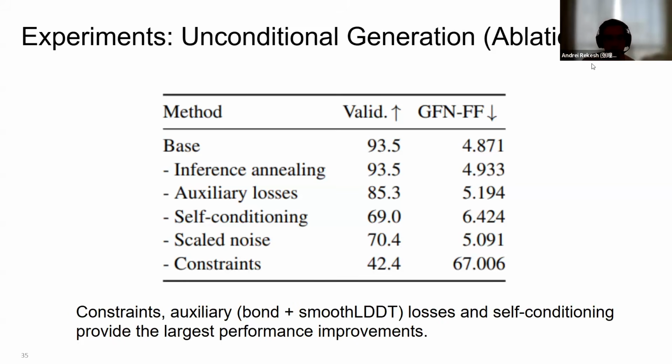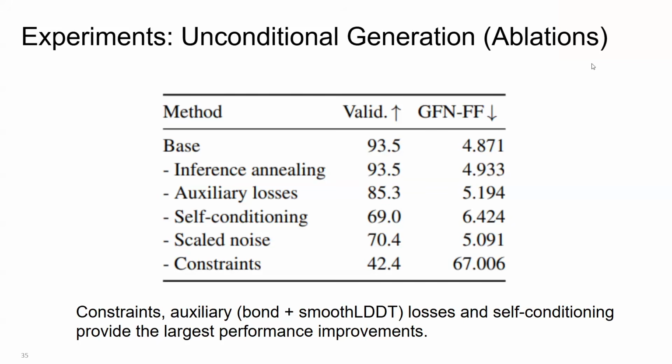I would say the improvement was somewhat moderate. The most improvement we got was from adding constraints and from adding self-conditioning. In practice, auxiliary losses was something we added only after all of the fundamental improvements were in place, to push the performance by another 1 or 2%, validity-wise and energy-wise.